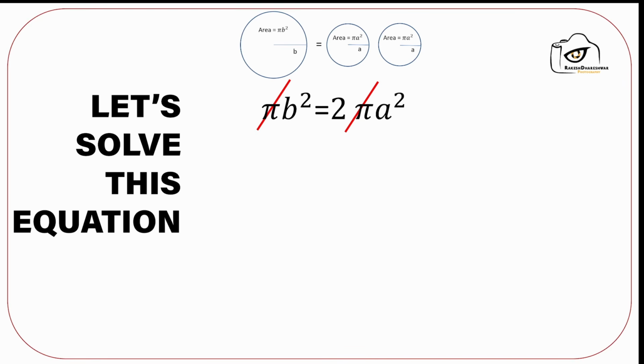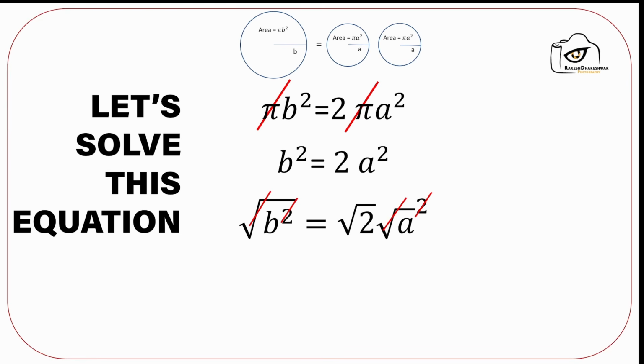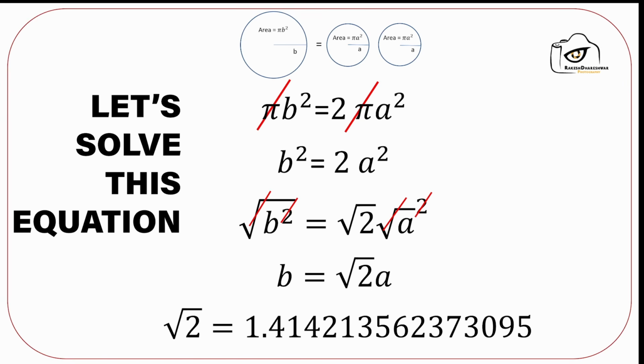Simple. We have pi on both sides, we cancel it. So we get b square is equal to 2a square. Now I want b. So I will take the square root. So if I apply square root on both sides, what do I get? b is equal to square root of 2 multiplied by a. Now what is square root of 2? If I use the calculator and check, it is 1.414.